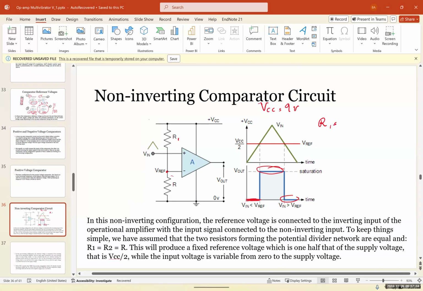R1 is equal to 2.5 and R2 is equal to 65. What is V reference equal to? And if Vn is equal to 3 volts, what is V out going to be equal to? I'll give you a few minutes to think.